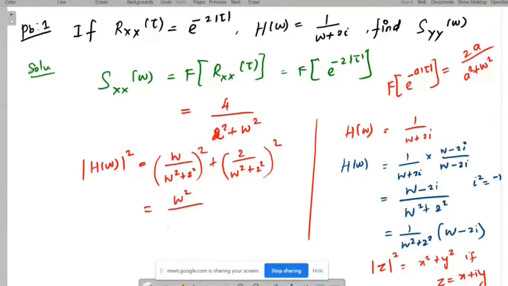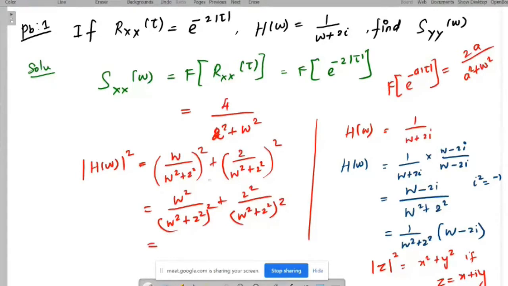So here you may get omega square divided by omega square plus 2 square whole square, plus 2 square divided by omega square plus 2 square whole square. No need to expand the denominator. Simply you can add, because the denominators are the same.